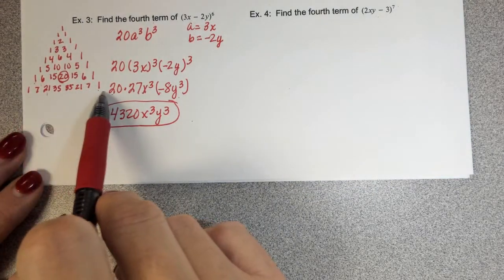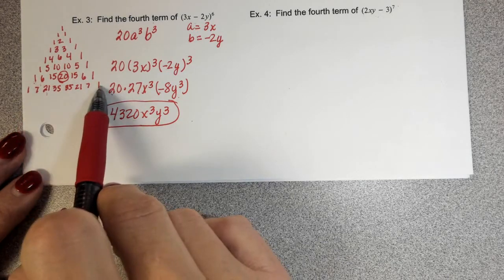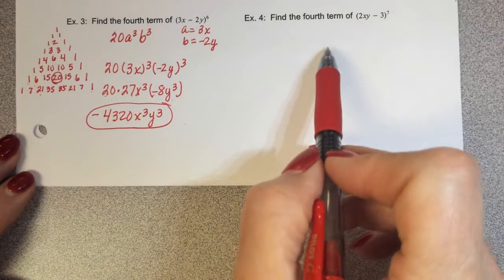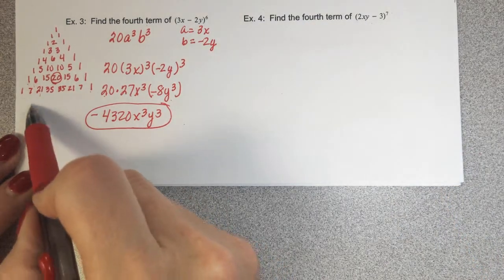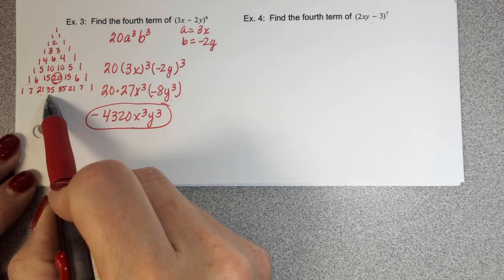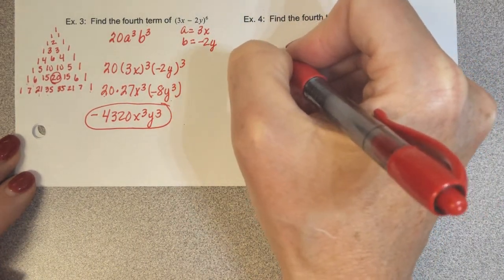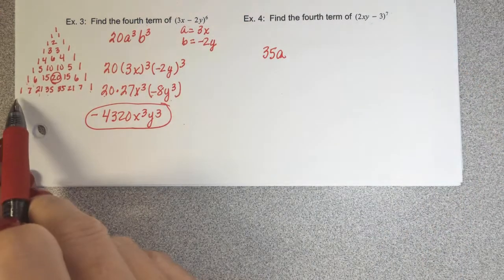There's our 7th row. Make sure you've got that. You should have 8 terms there, which we do. Now we're trying to find the 4th term. So we're going to go 1, 2, 3, 4. So what's our coefficient going to be? 35. What is a going to get raised to?